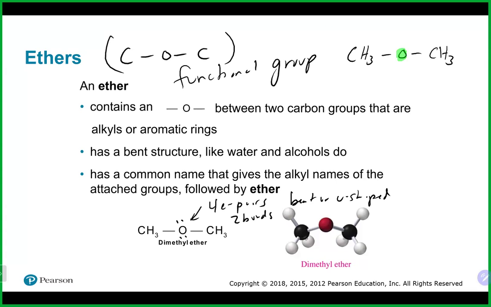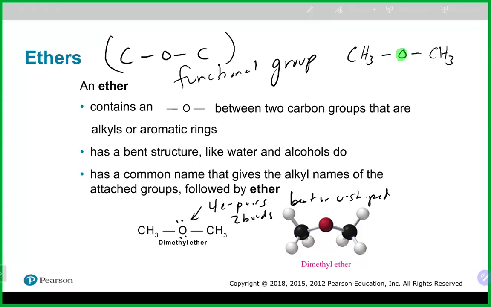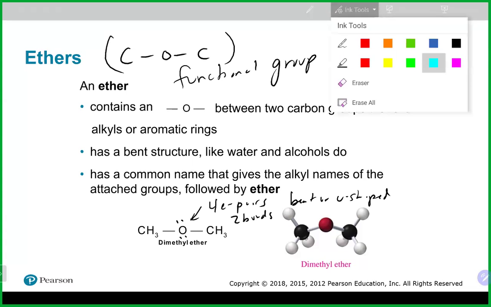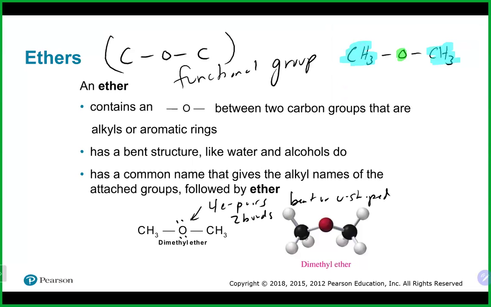And then you basically just identify the groups that are on the left and the right, and you put them in alphabetical order. In this particular case, there is a methyl group here and a methyl group here. So when we have two of the same group, we use the prefix. So this is going to be dimethyl ether. And you basically just put ether at the end. If you have different groups, obviously you go alphabetical and then just put ether at the end.